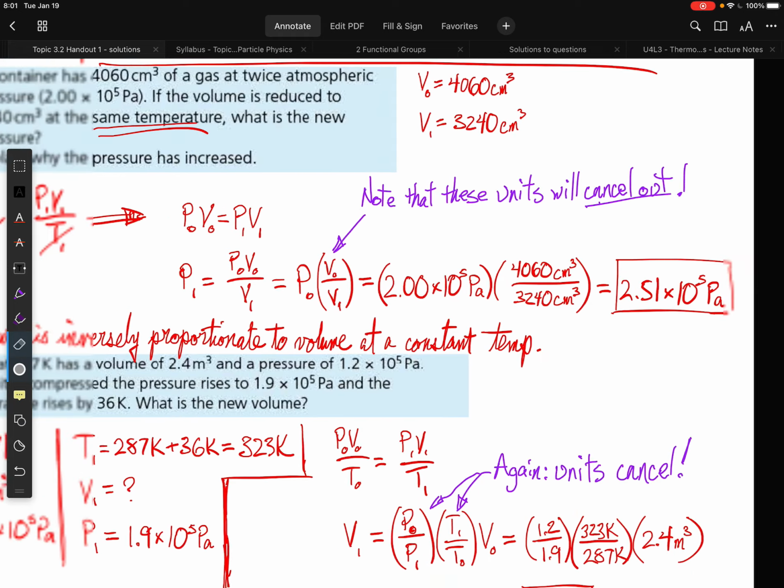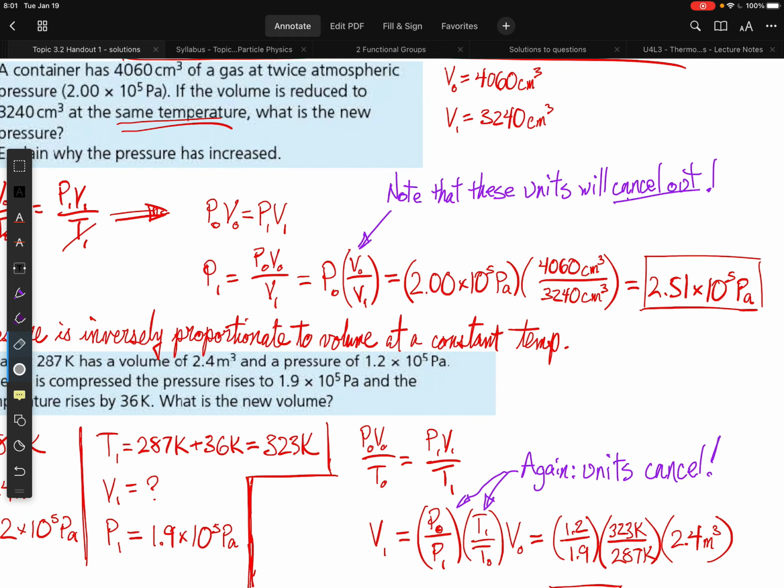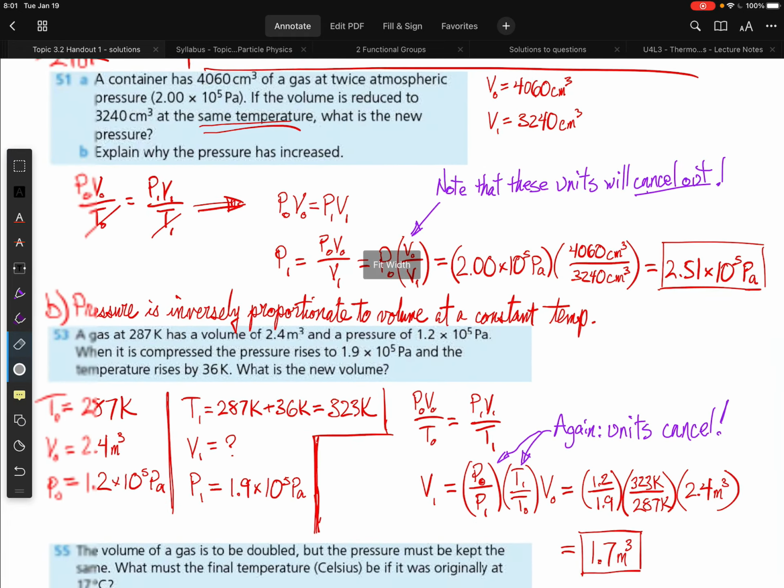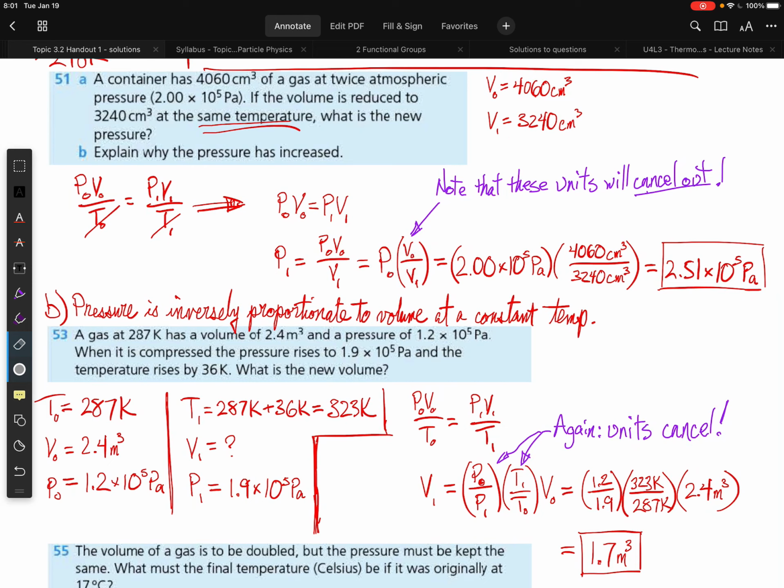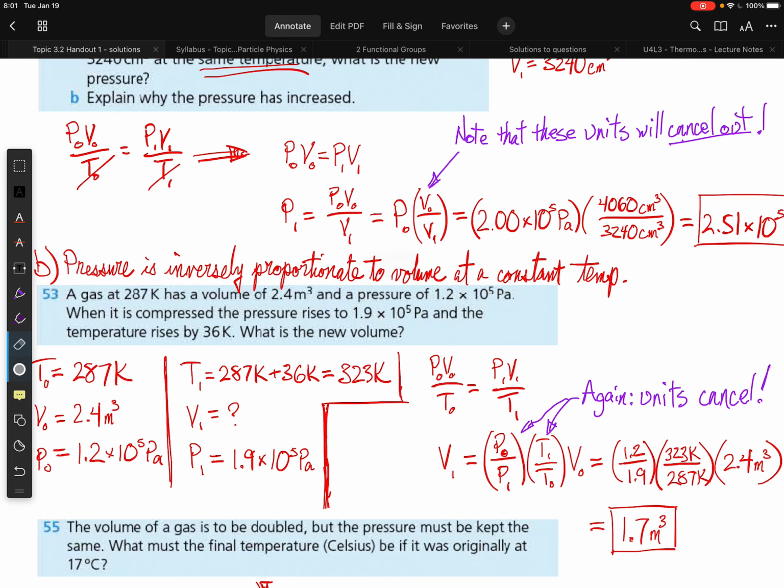Okay, and we find that our answer is 2.51 times 10 to the 5 pascals. Pressure is increased because pressure is inversely proportionate to volume, where temperature is constant. And this is one of our key concepts from a previous lecture as well.